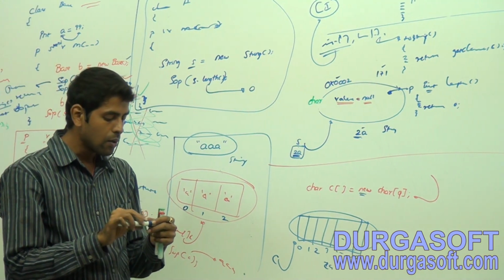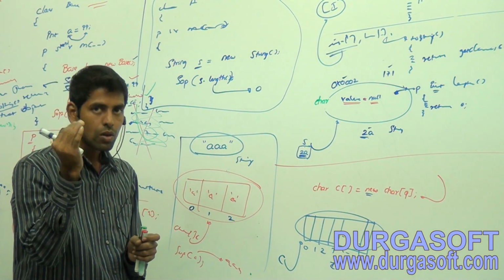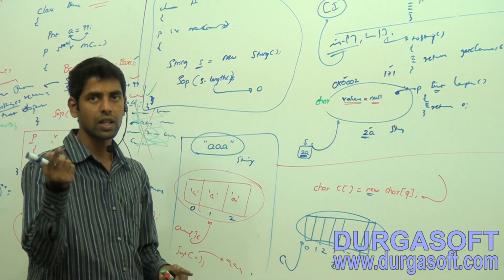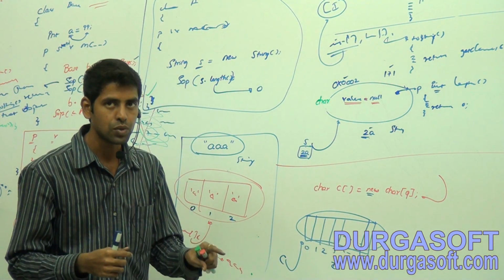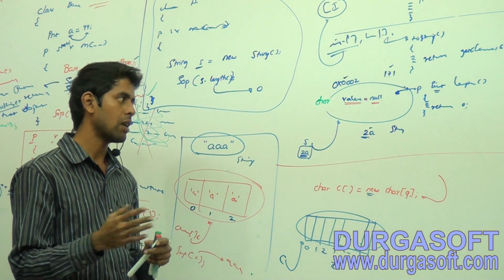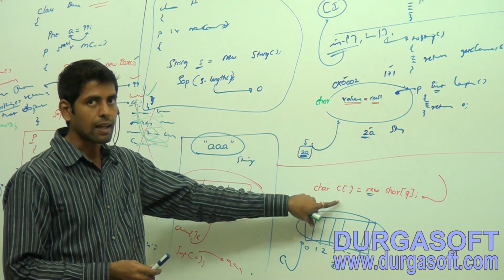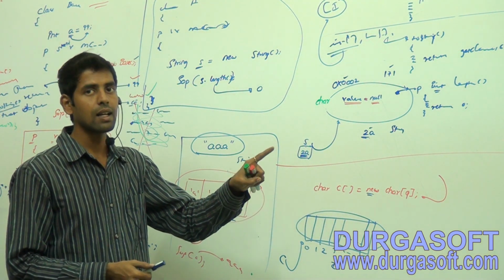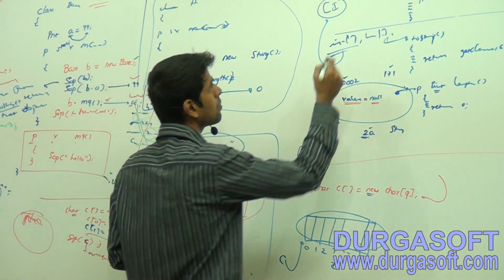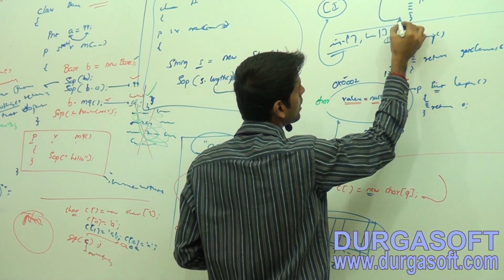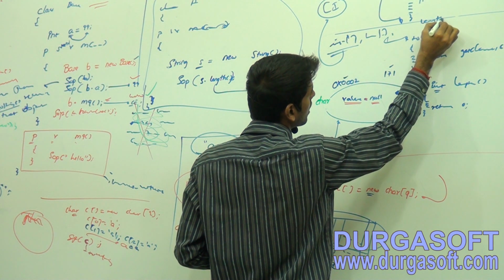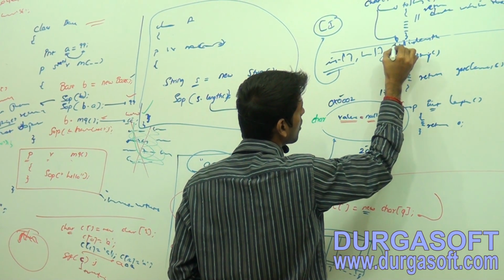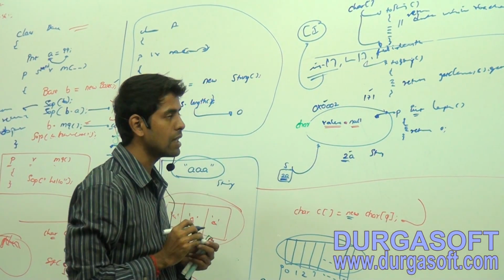Now how to know how many blocks were created by the JVM? Once again, you have to depend upon this char array. What is the internal thing? A final variable called length, with int as the return type.